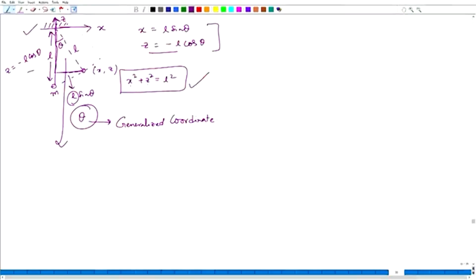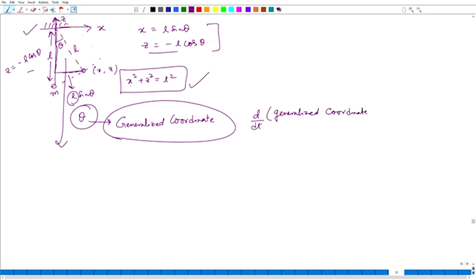So, just before wrapping this lecture up, I would like to say that whenever there is a generalized coordinate, d/dt of that generalized coordinate is defined as generalized velocity.